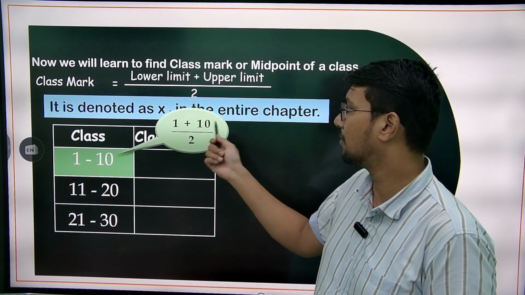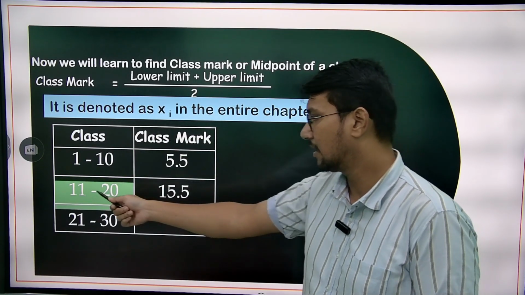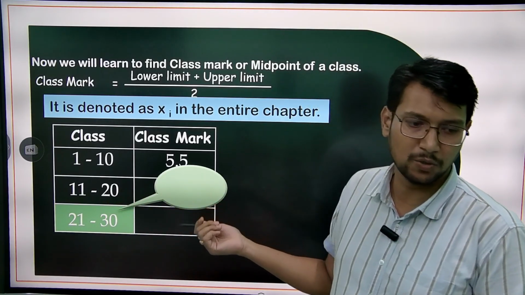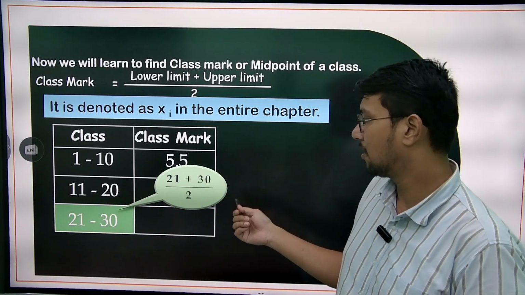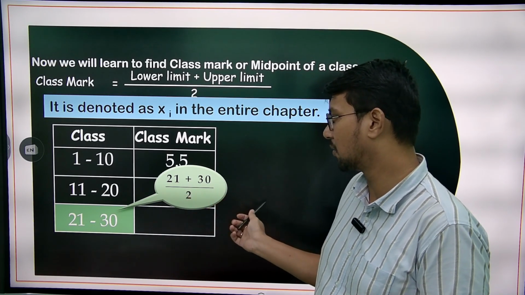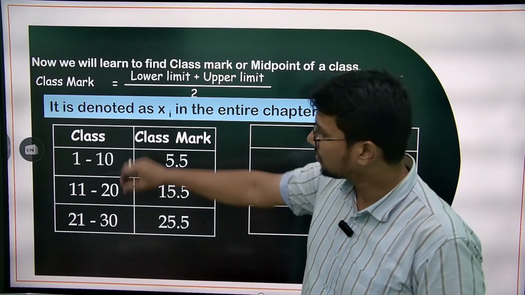Next, 11 plus 20 is 31 by 2, and 21 plus 30 by 2 is 25.5. But children, which class is this?